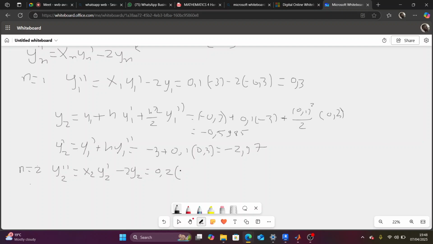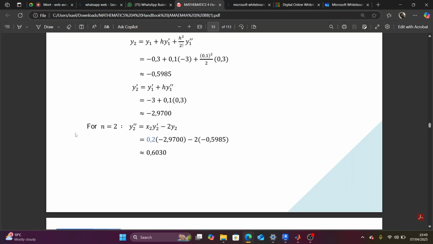What is y prime 2? Minus 2.97. Minus 2, what is y2? y2 is minus 0.5985. If you click the answer, you get what they got. You got y double prime 2 to be 0.603.